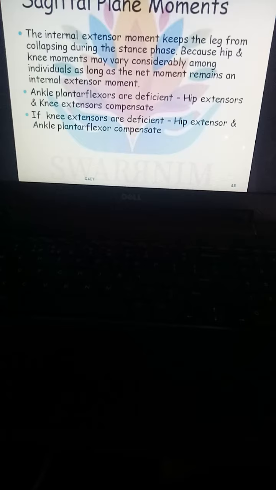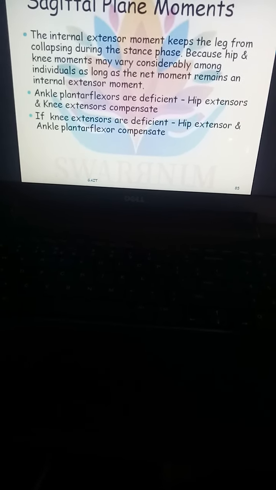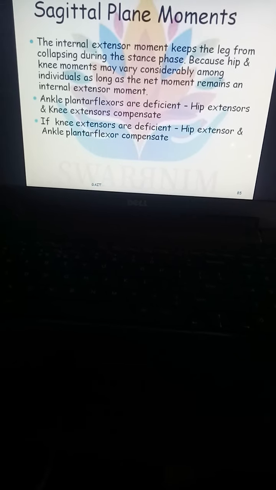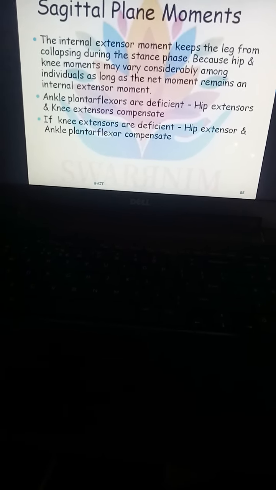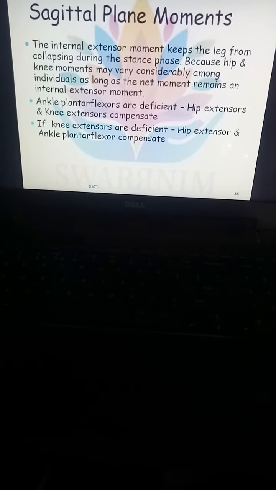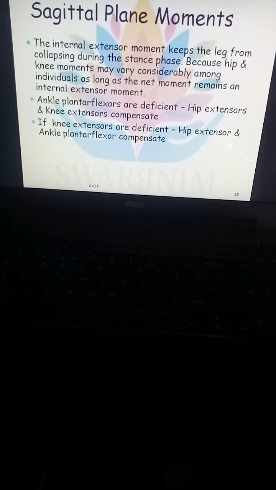extensor moment keeps the leg from collapsing during the stance phase. So this moment, or force, keeps the leg from collapsing and prevents the collapse during the stance phase.